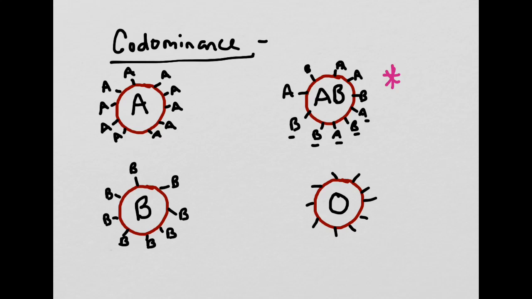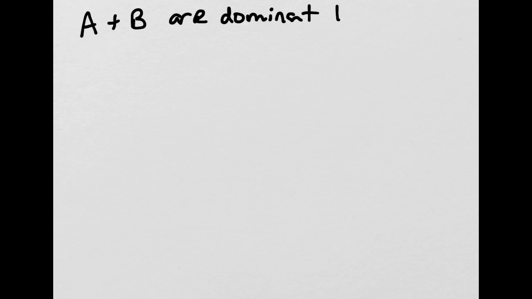Let's take a look at some possible Punnett squares for blood typing. With this inheritance pattern, with blood typing, A and B are dominant to O. So the only way somebody is going to be a type O is if they don't have an A or B. There are different ways to show this in a Punnett square, and your textbook does use the capital I and then superscripts A, B, and little i.